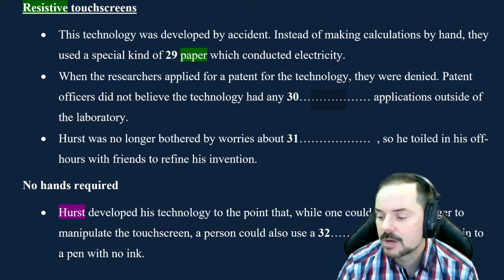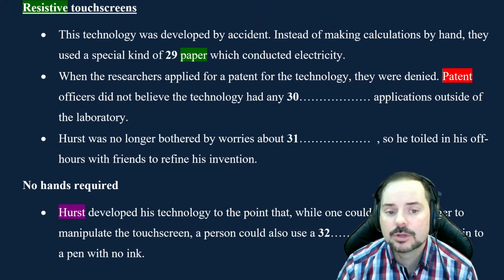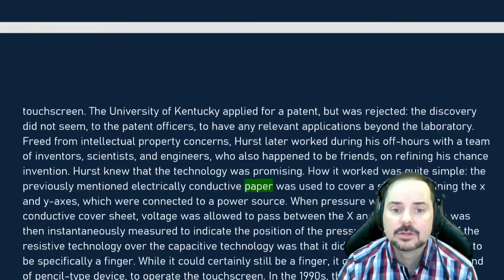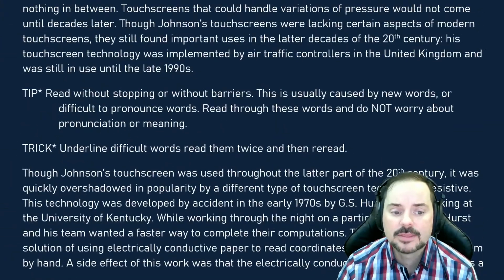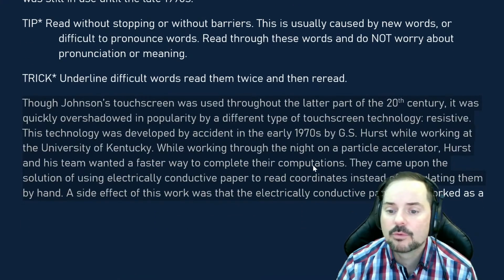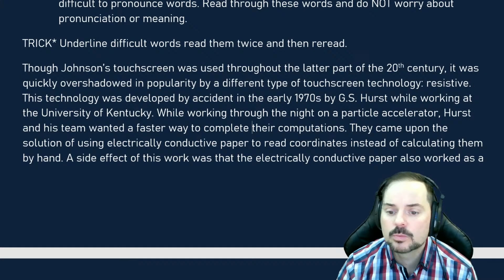If I'm having trouble with this, I might look for the word patent, because patent is a unique noun, and as a unique noun, it's going to be easier. Now, I'm still looking at resistive touchscreens, so I'm still looking at that part of the text. If I go back and look at this part, and I know that this is the paragraph that talks about it, then I'm looking for the word patent. And that was somewhere kind of in the beginning.